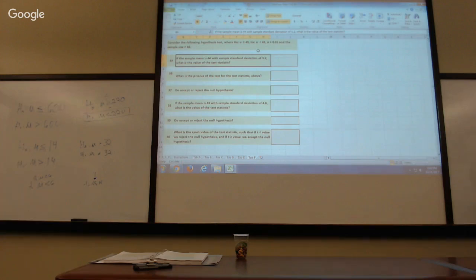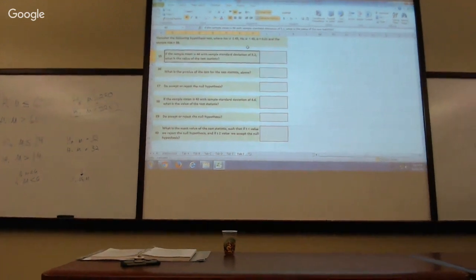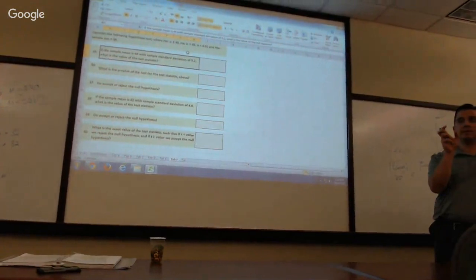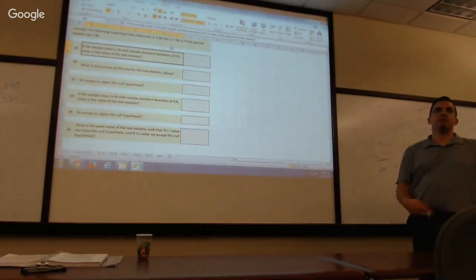So with the t-test and the p-value, they flip and flop. So if the absolute value of the test statistic is greater than the absolute value of the critical value, which is calculated through the alpha, so that T critical value that we calculated, then we reject. Yep.